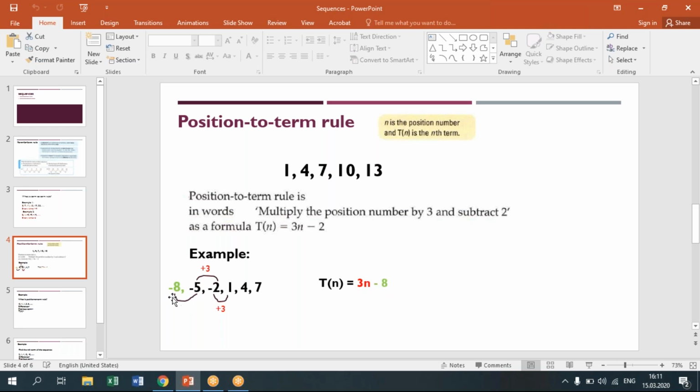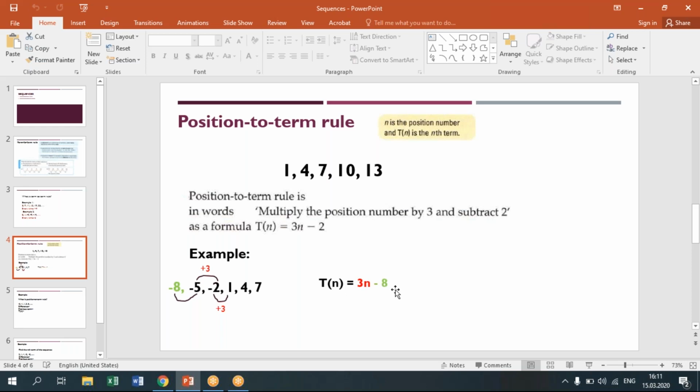The previous term is negative 8. Why negative 8? Because negative 8 plus 3, and we know the difference in this sequence should be plus 3 every time, is negative 5. That's why the nth term for this sequence is 3n minus 8.